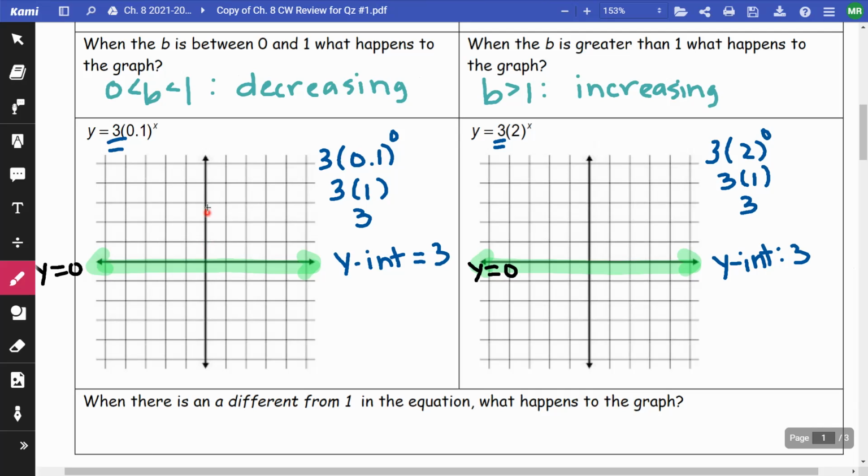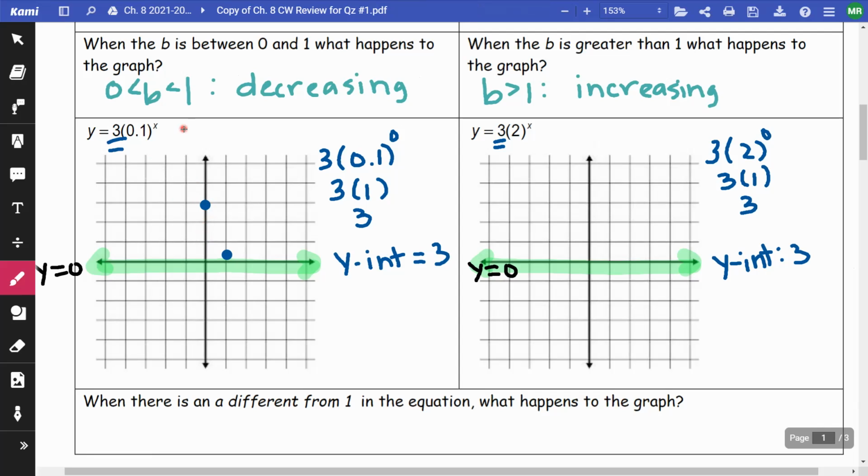So I'm going to go up 1, 2, 3. And then I'm timesing it by 0.1. Well, 3 times 0.1 is going to be 0.3, which is going to be way down here, less than a half. And then when I'm going backwards, I'm really timesing by 10.